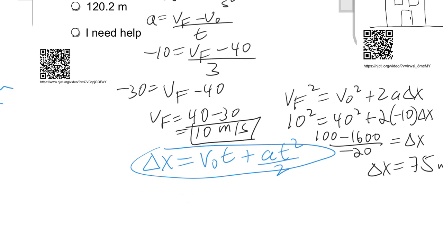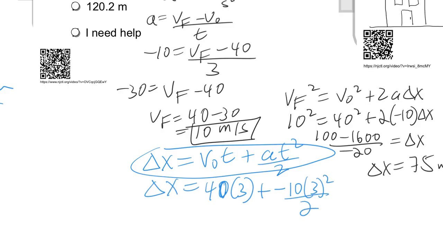Now, if I had done it the simpler way, which I didn't think of at first, we should get the same answer. VO is 40 times 3, right? Yep. Plus negative 10 times 3 squared over 2. That would have been much simpler.